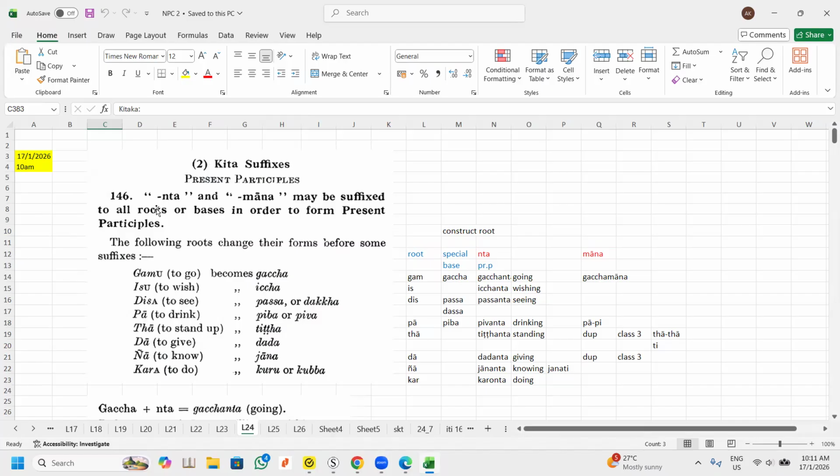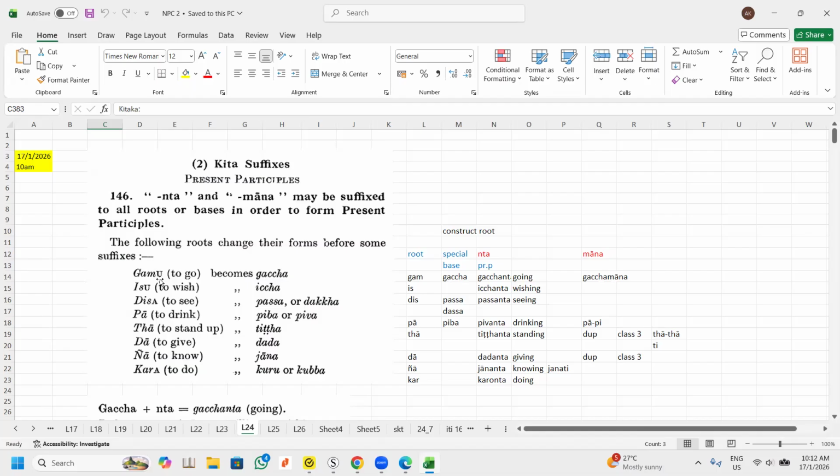So what you need to do is, you see in our Pali book, NPC 1, NPC 2, most of the time we will see something like that. We know that gam is the root.